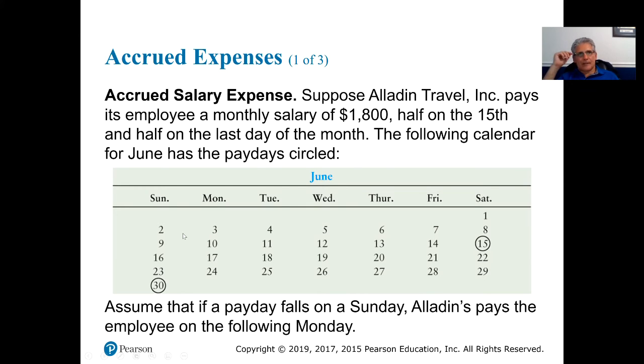But in the meantime, Aladdin owes for those salaries. It owes that money for the salaries. So how is this all going to work for the entire month? Let's go ahead and see. So it's on the 15th and on the 30th.